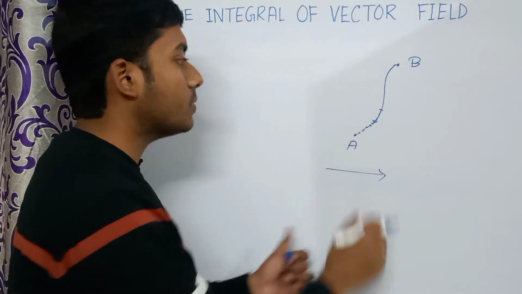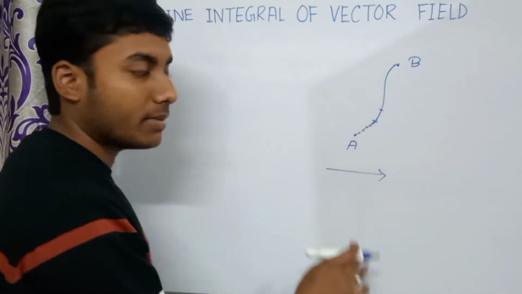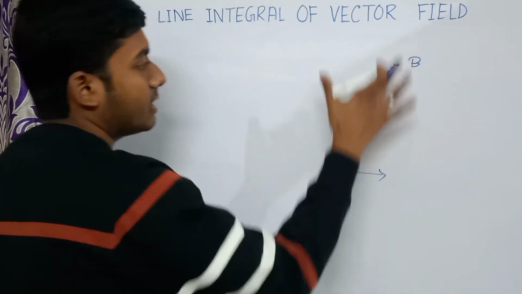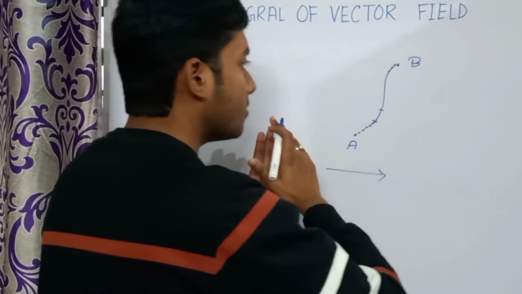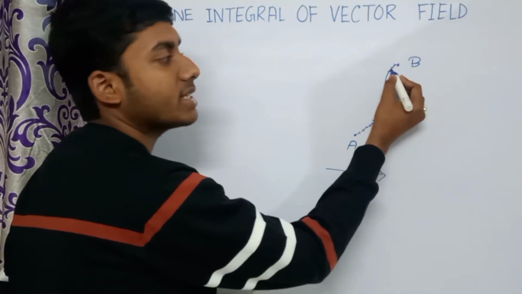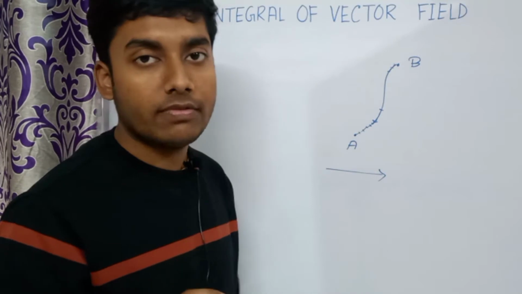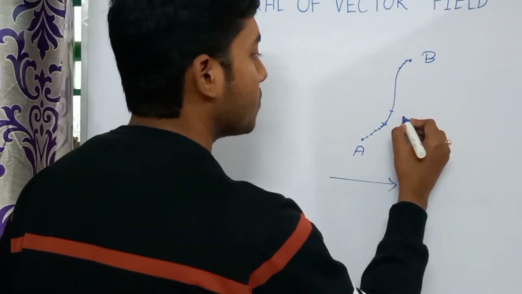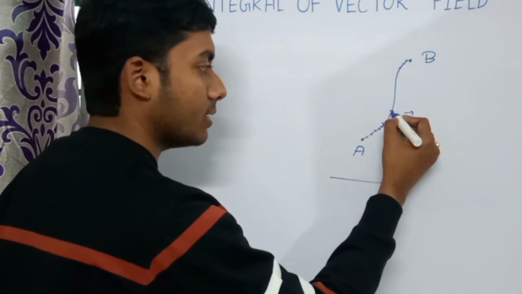Assume that this is infinitesimally small. So if we have cut this line AB in this manner, each small part behaves like a small vector element, a path element, that we denote dl, this vector.